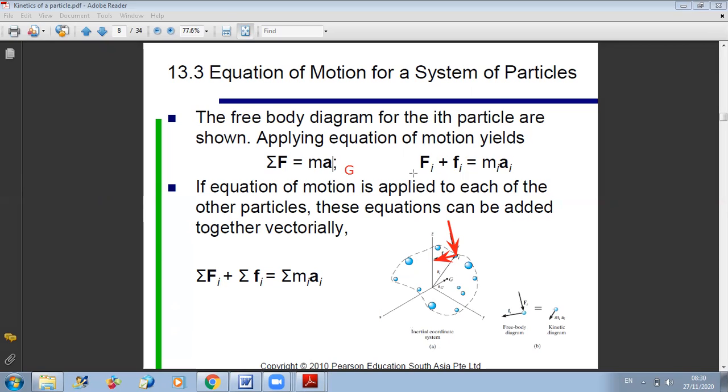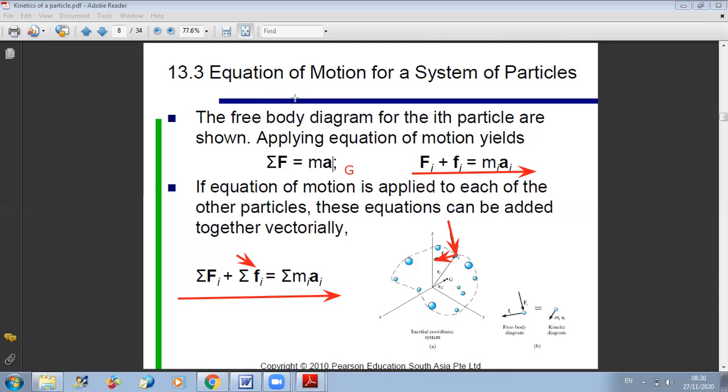This is the equation valid for one particle. If I do the summation over all particles, I end up with the following relation: the sum of external forces on the system plus the sum of interactive forces between the particles equals the sum of m_i a_i. But this term will be equal to what? This term? This one. The sum of interactive forces.